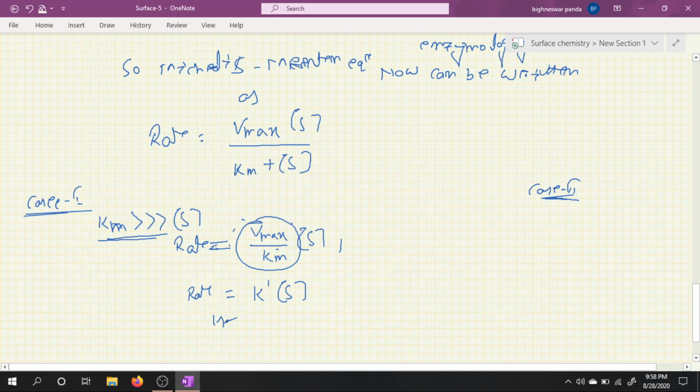By using the Michaelis-Menten equation, we can plot a graph, which is also called the Lineweaver-Burk plot.